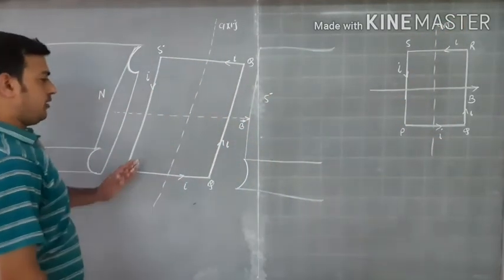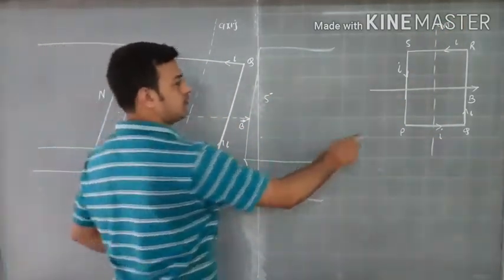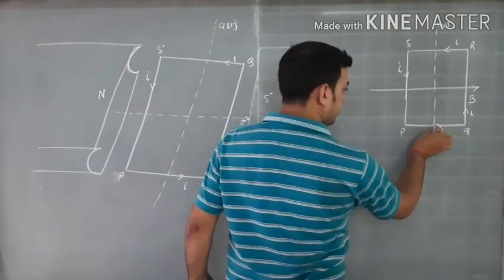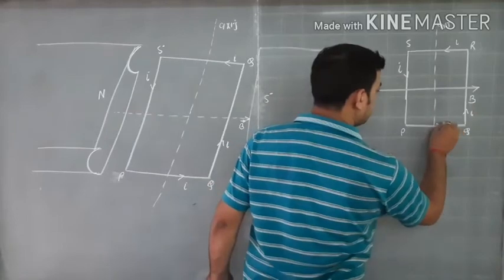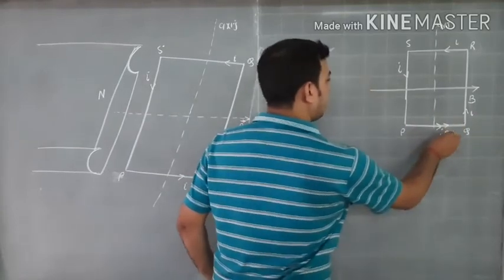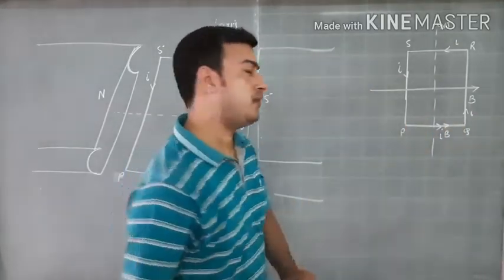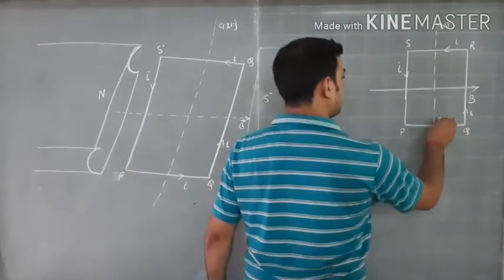Now first of all, I will see this arm. If you see here, the current is in this direction, the magnetic field is also in this direction, and when I and B are in the same direction, then the force on this arm is 0.